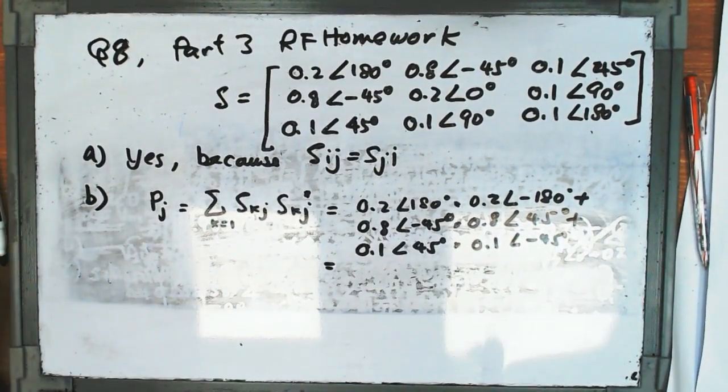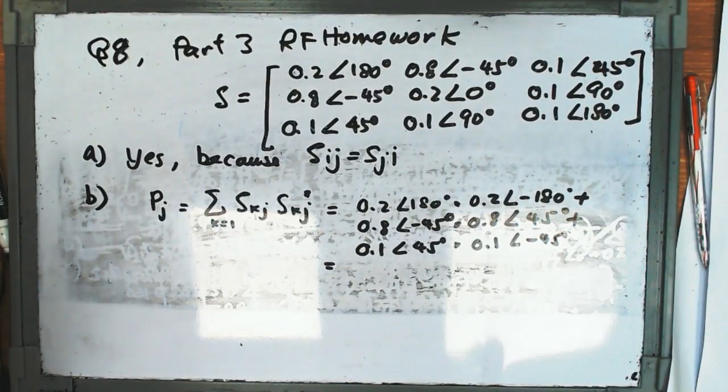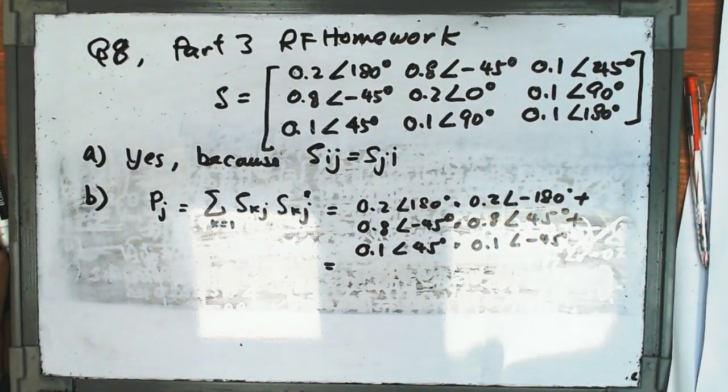I also need to do the calculation now; I haven't done it yet. 0.2 squared plus 0.8 squared plus 0.1 squared.